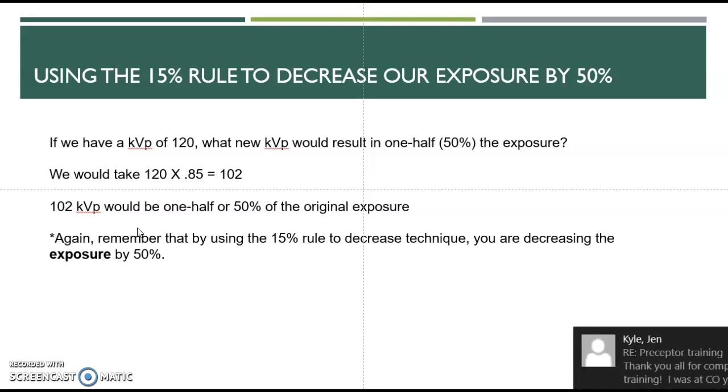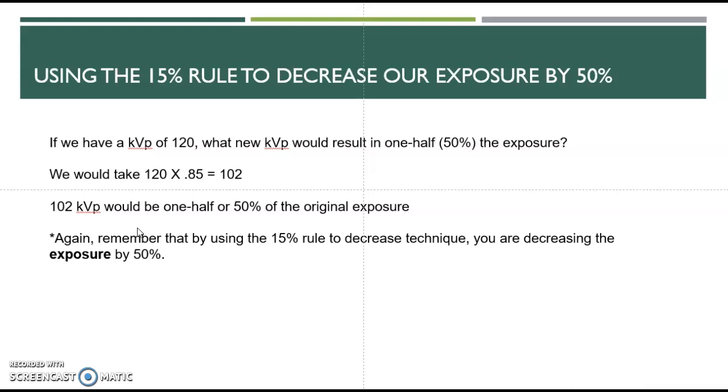So here, if we have a kVp of 120, what new kVp would result in 1/2 or 50% the exposure? We're going to take 120 kVp times 0.85, and our new kVp would be 102. So using a 102 kVp would be half or 50% of the original exposure.